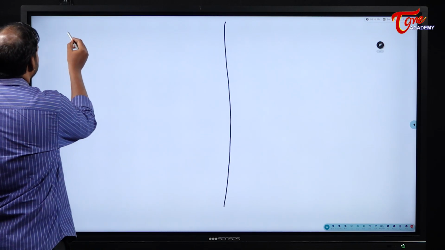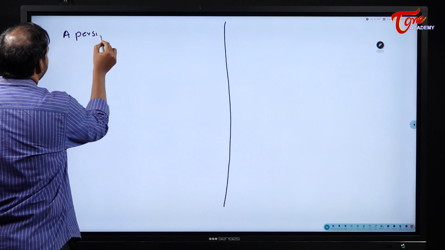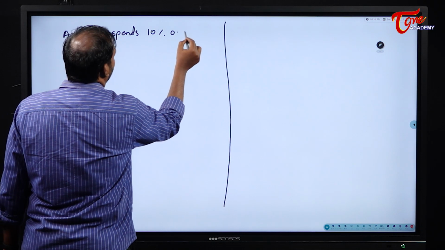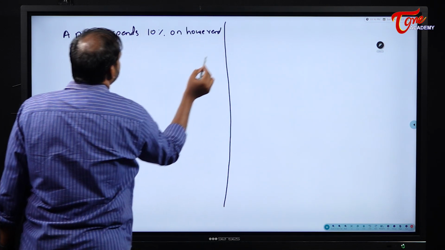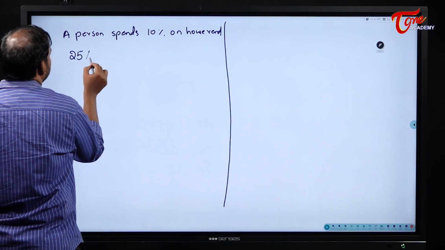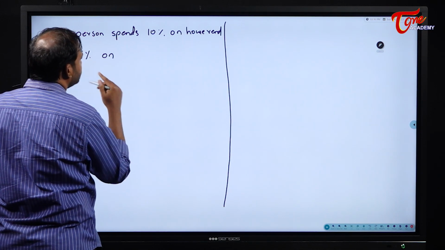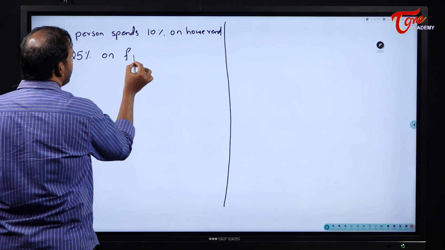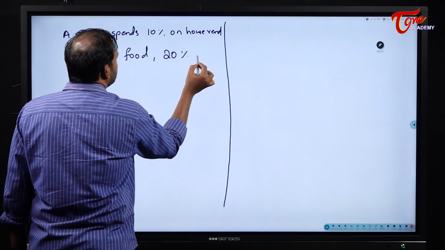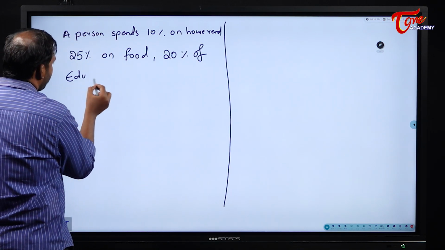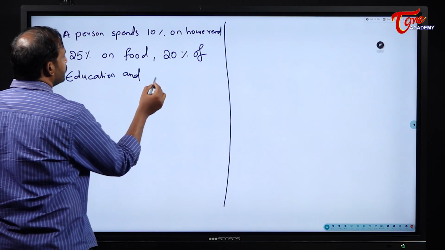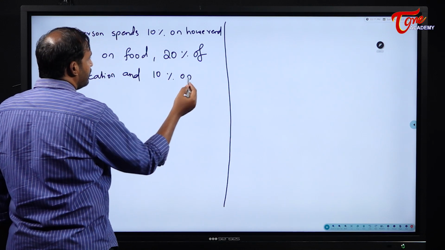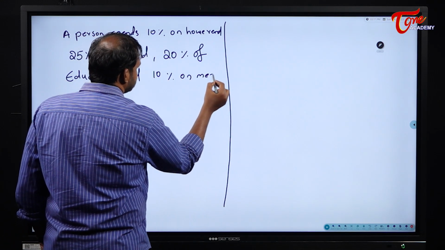A person spends 10% of his salary on house rent, 25% of his salary on food, 20% on education and 10% on medical bills.